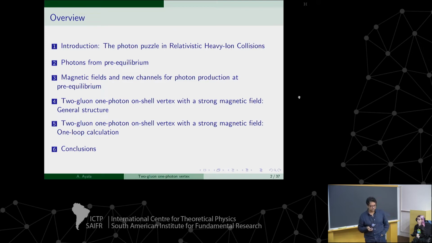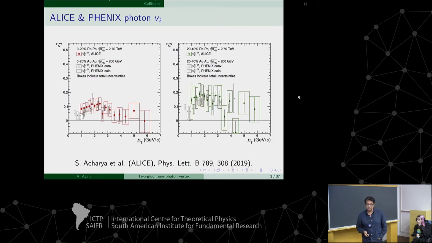I'll talk to you about the general structure, in particular in the large field limit, and also some caveats of our approach, in the sense that building this vertex, as I hope I can show you, is a large and very complicated task, so we are doing it in steps. And so, although we don't have yet the yields and the V2, I think that we have the road to proceed along, and I hope that you can also give us some hints. And then I'll conclude.